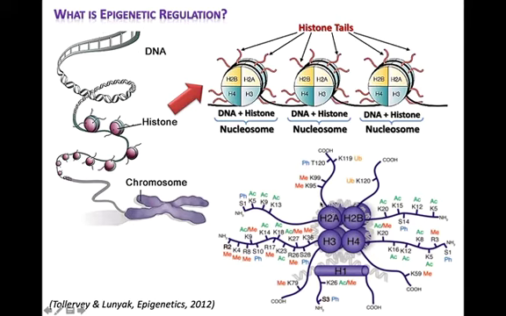Each histone has a tail, and each tail can undergo modification on specific residues over the tails. So you can see methylation, phosphorylation, acetylation, phosphorylation again.